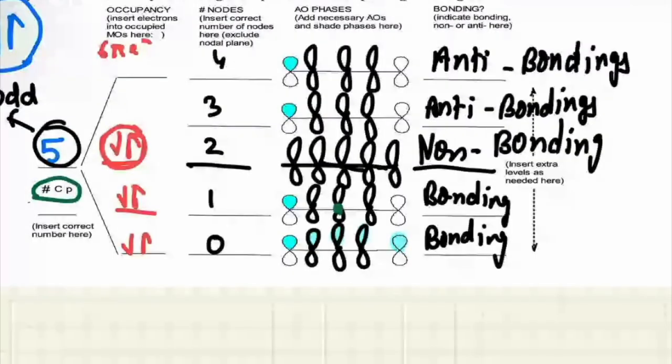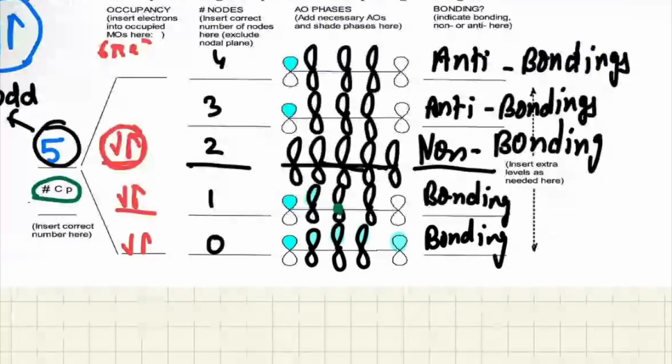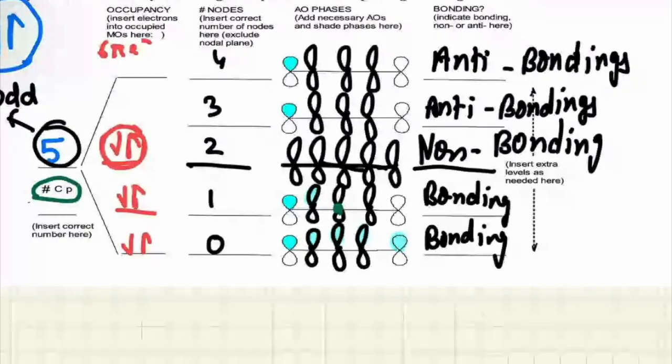After the node, the shading is like this. You will draw it out like this. Over here, the first 2 will have their shadings on top, and the last 2 will have their shadings on the bottom.